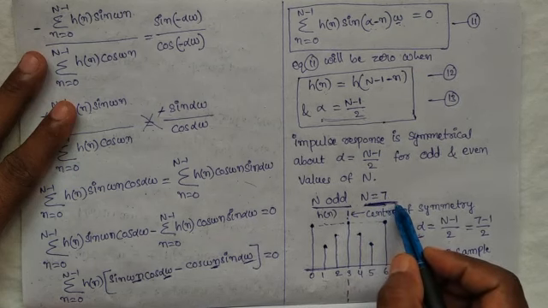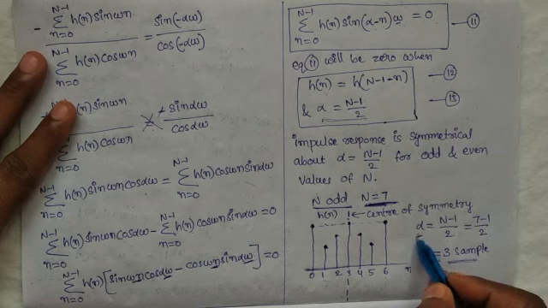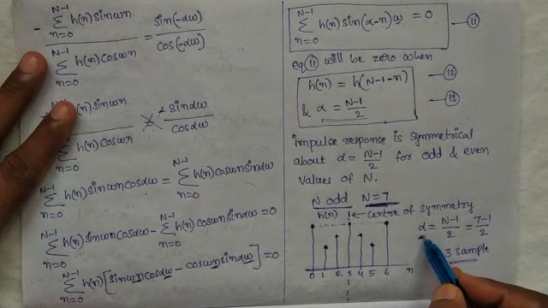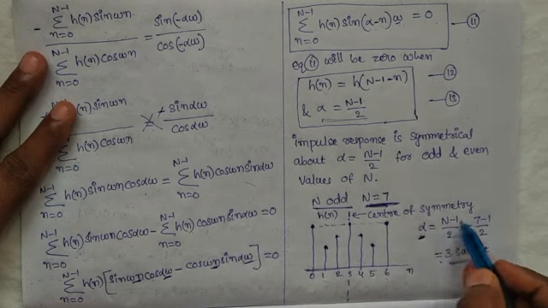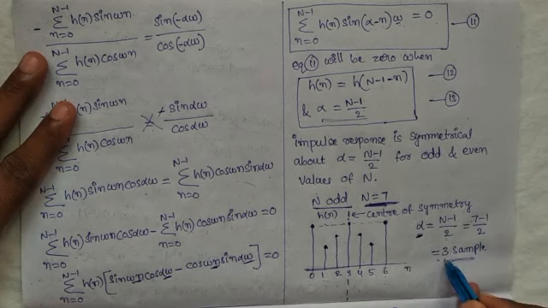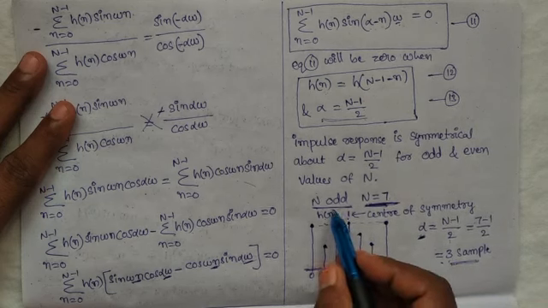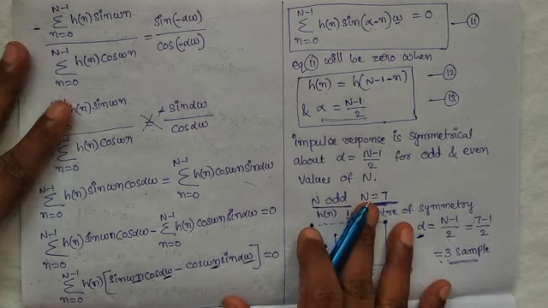For capital N is equal to 7, how to calculate the center of symmetry? Alpha is equal to capital N minus 1 by 2, means 7 minus 1 by 2, which is 3. Here the center of symmetry occurs at the third sample, for capital N is equal to 7.